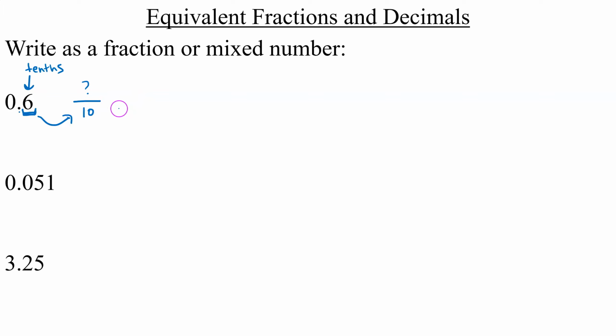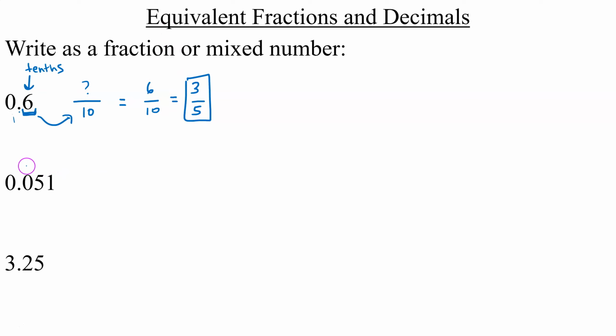Specifically for this problem, it is 6 out of 10. Now, one thing you'll want to check is whether your fraction is in lowest terms. I see that both of these are divisible by 2. So instead of 6 over 10, I'm going to write 3 over 5, or 3/5, as my answer.